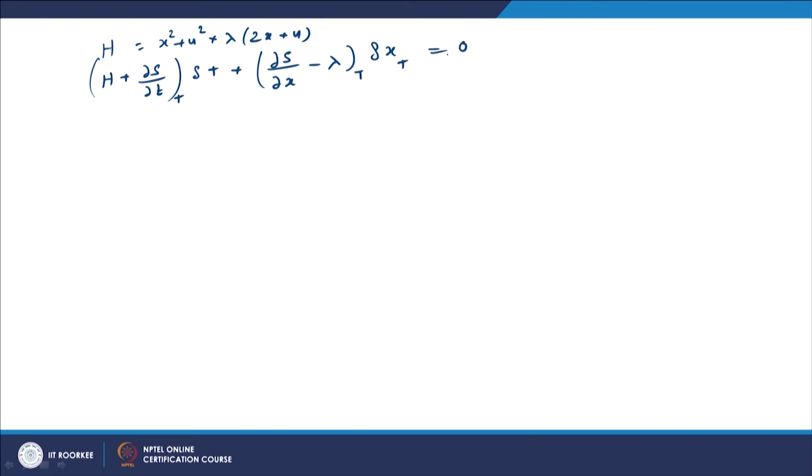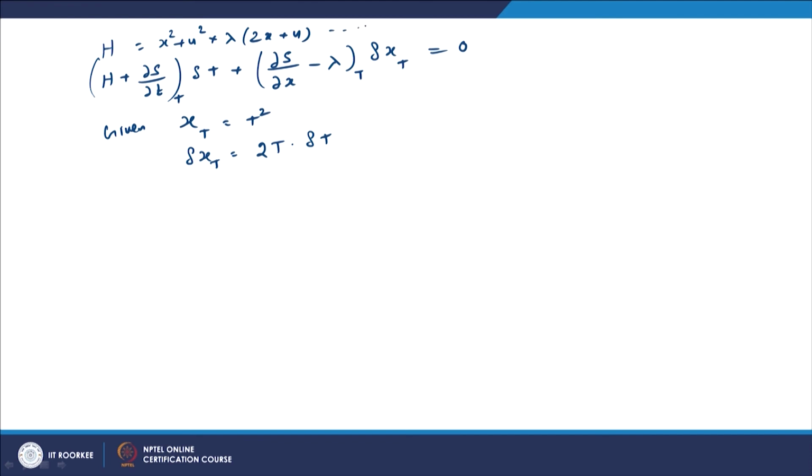So, this should be equal to 0, but given that x suffix t, or x of capital T, is t square, the variation in the final position is the derivative times the variation in t. So, this we have to substitute here.